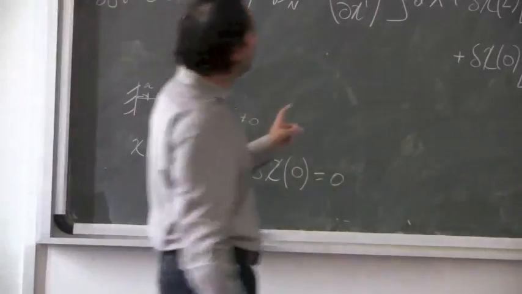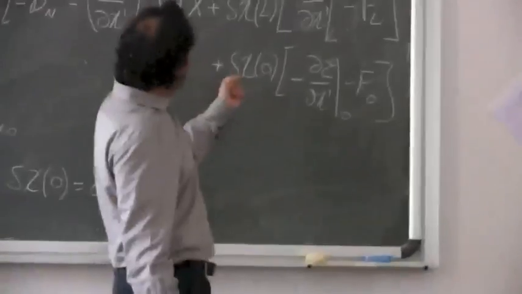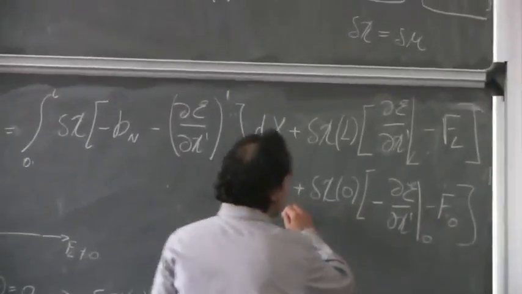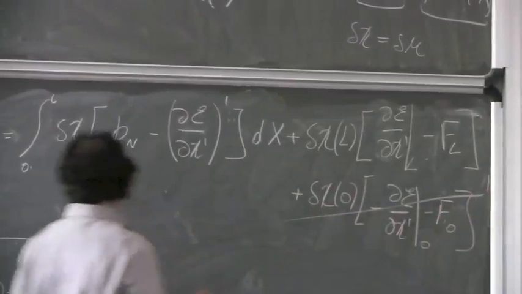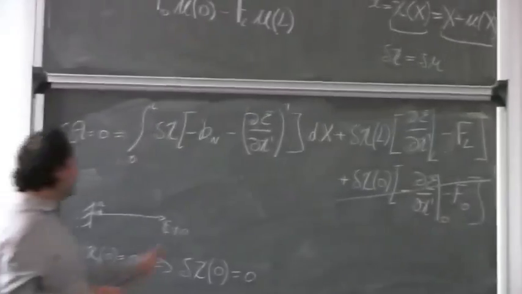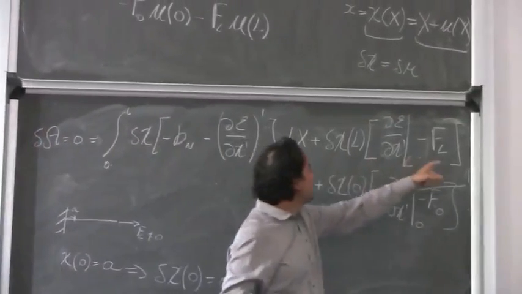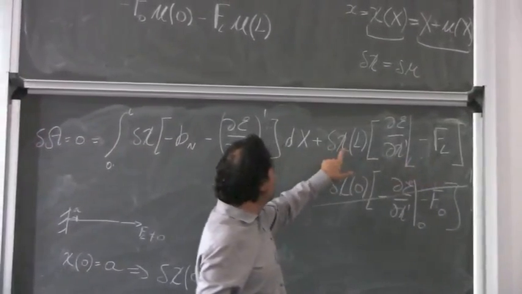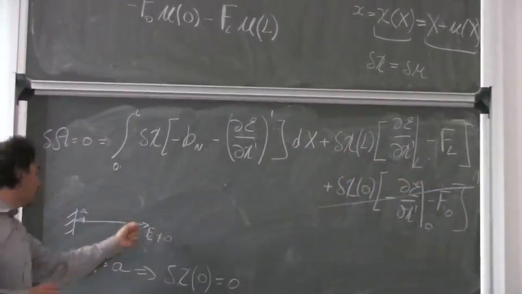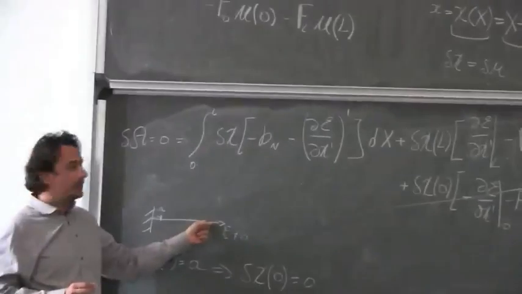This means that this part is 0. You can erase this for this particular problem. But this part you cannot erase, because the variation in this point is arbitrary, since you don't have a kinematical constraint.